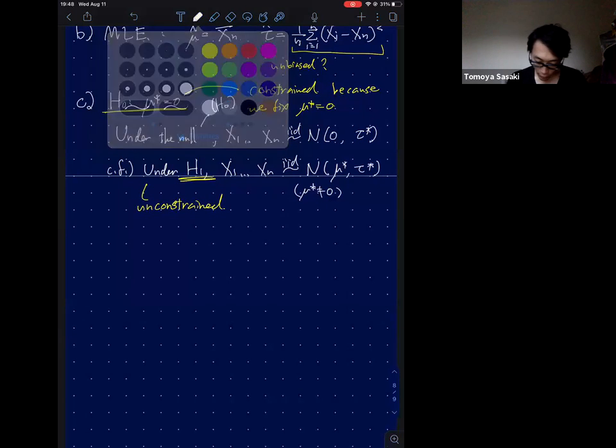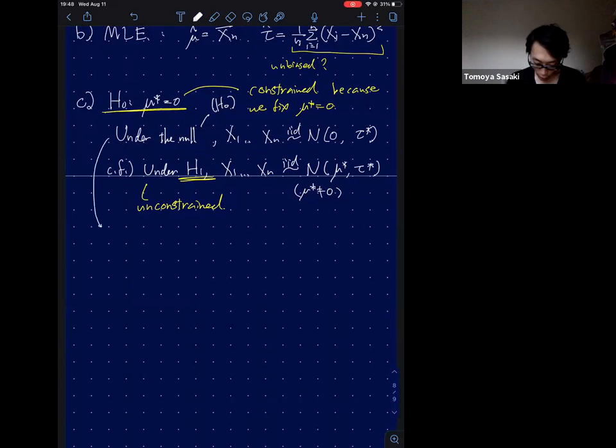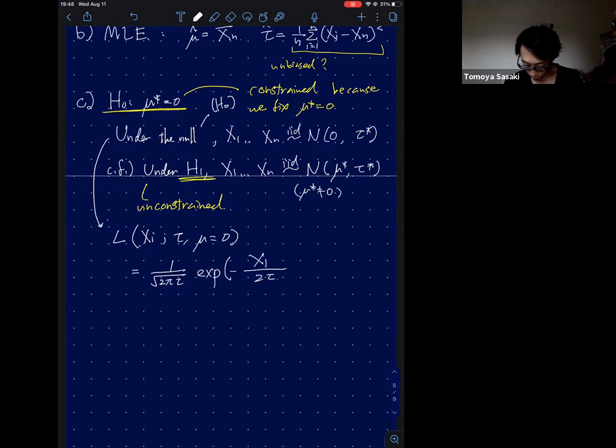So based on this, under the null situation, we construct a likelihood. And that likelihood is going to be x given tau and mu equals 0. So this normal distribution is going to be centered. We don't have the minus mu term because we say mu is equal to 0.